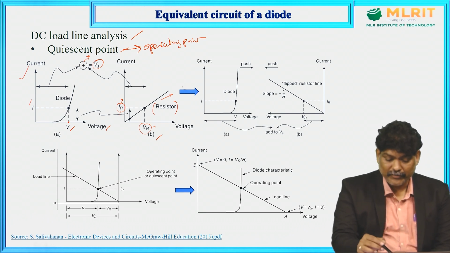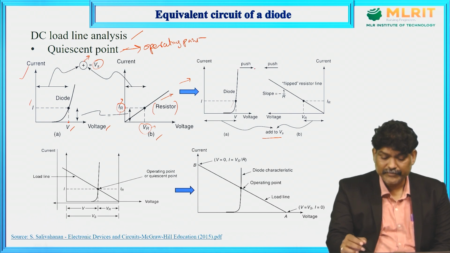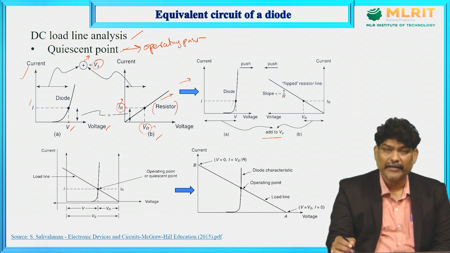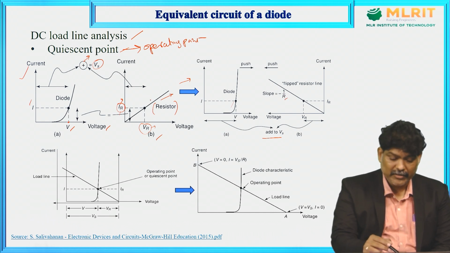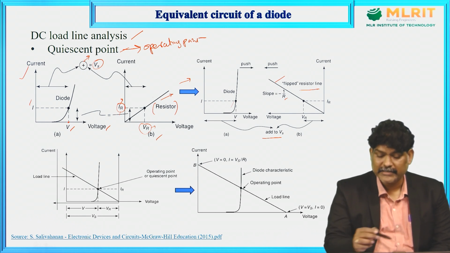Here we have added Vs, so we have pushed this line to the opposite side, and the slope becomes minus 1 by R. Here the slope will be R, so here the slope will be minus 1 by R. That is the flipped resistor line.